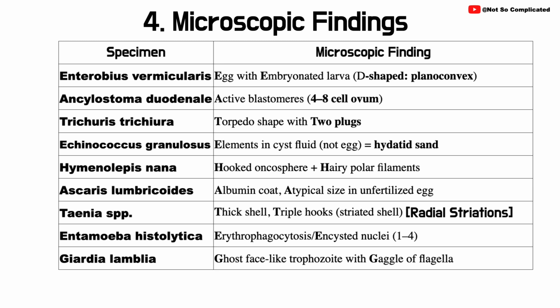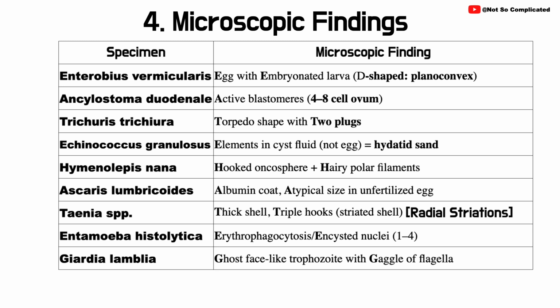Then Hymenolepis nana has a hooked oncosphere and hairy polar filaments. Polar filaments are present only in Hymenolepis nana. In Ascaris lumbricoides, there is an albuminous coat, atypical size, that is amorphous shape in the unfertilized egg, and in Taenia species there is a thick shell, triple hooks, and radial striations.